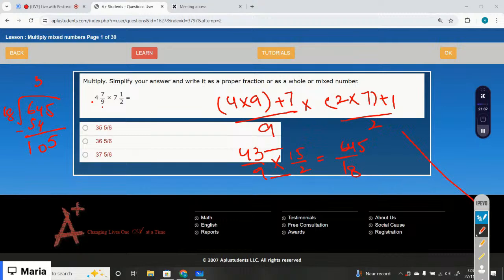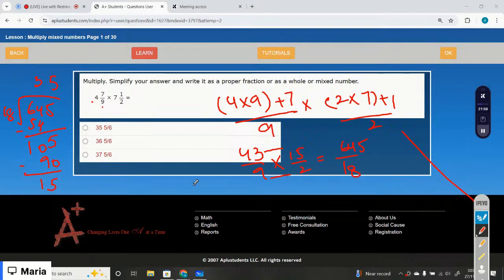That is 105. So 105 divided by 18 is 18 times 5. 18 times 5 is 90. So that is 15.